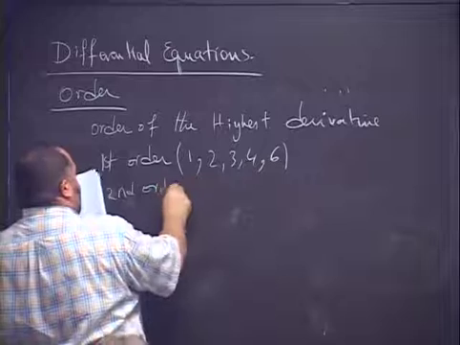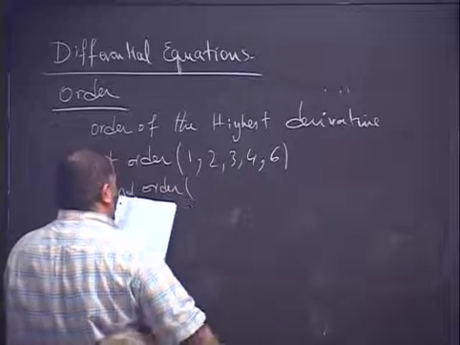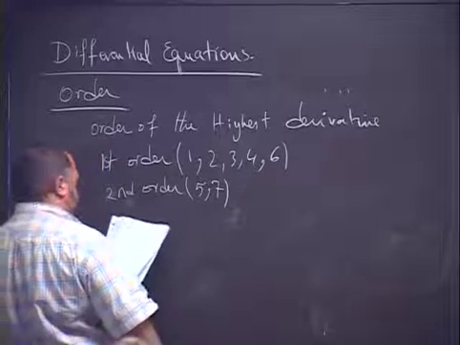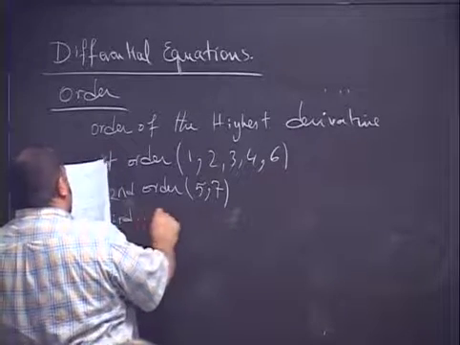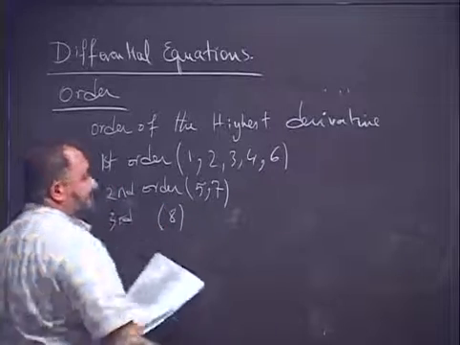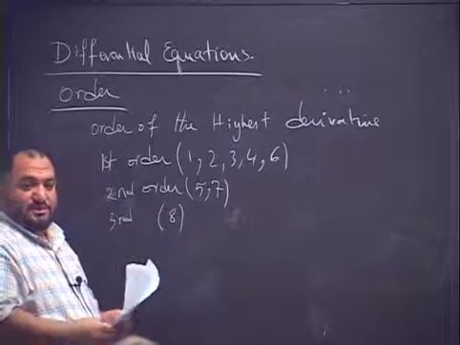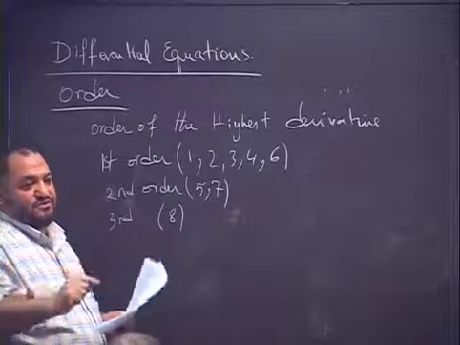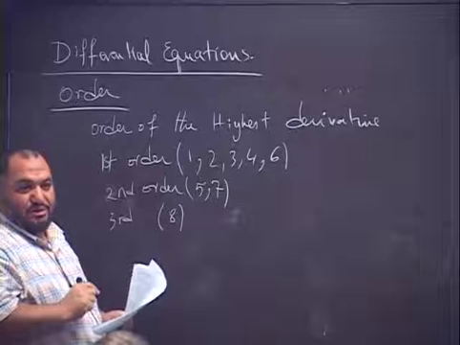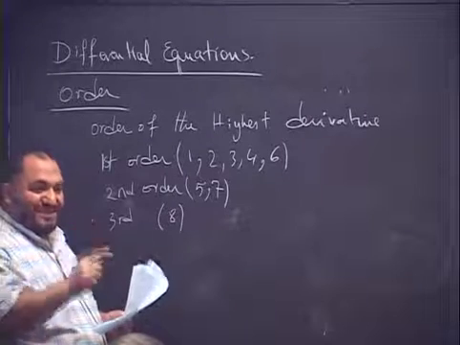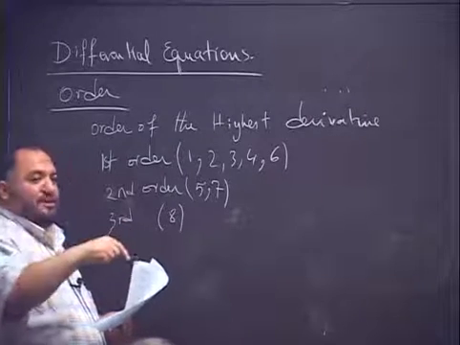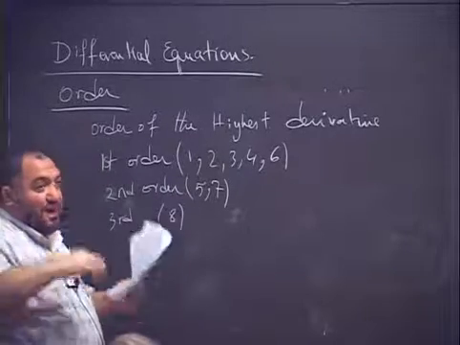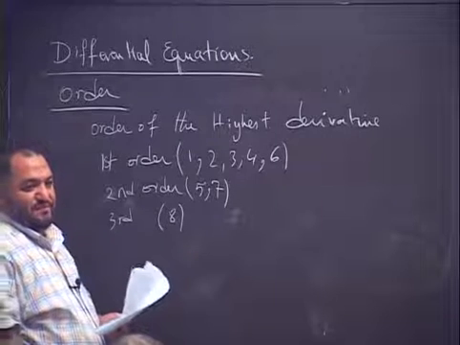Second order: 5 and 7. And third order is 8. Did you get it? So the order is the highest derivative. And the degree is the power of the highest order derivative.